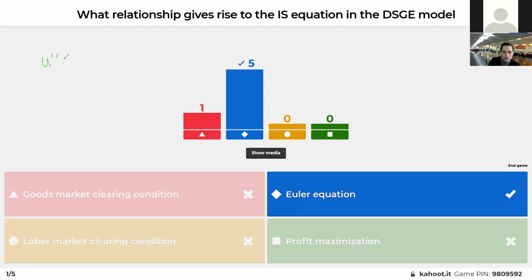The Euler equation is going to be u prime of c_t is equal to, let's say, beta times R times u prime of c_{t+1}. This would be a typical Euler equation. My u here does not look like a u. It's like a w. Let's try that again.